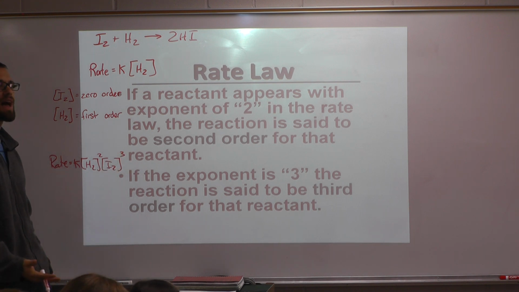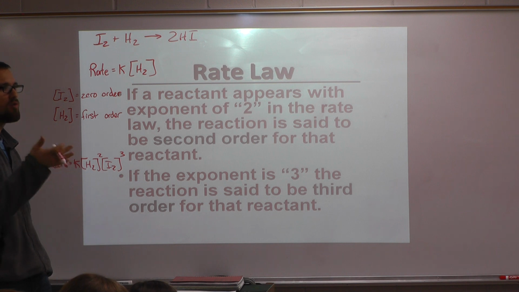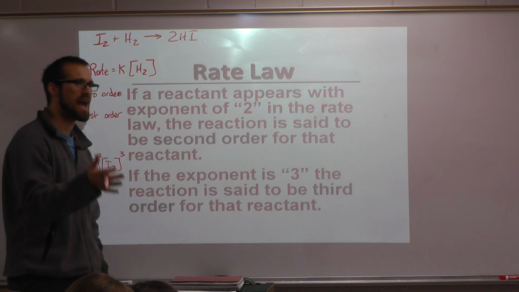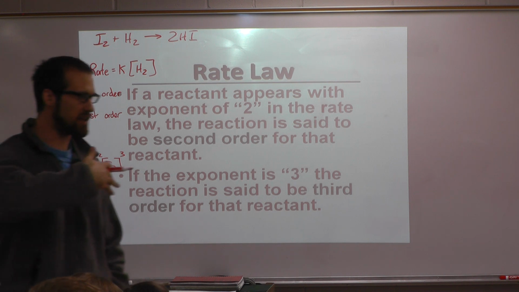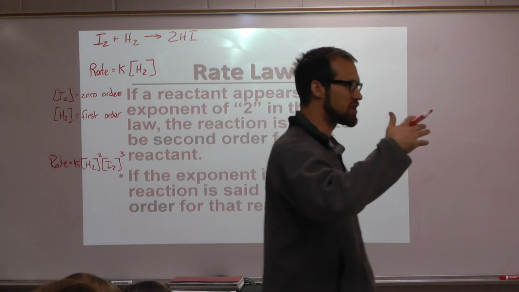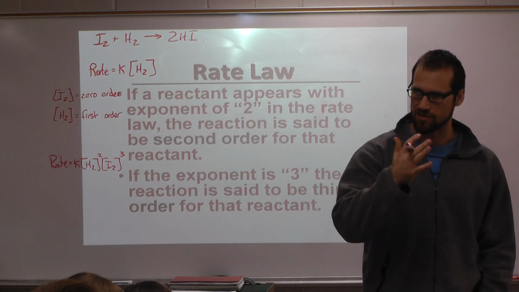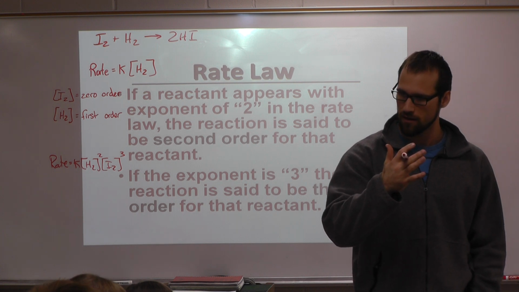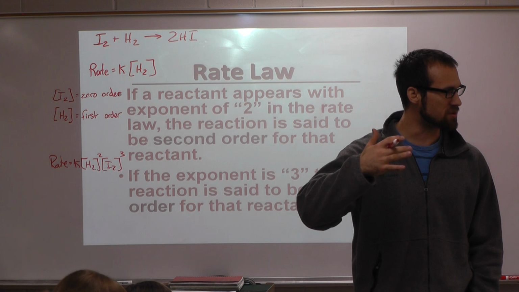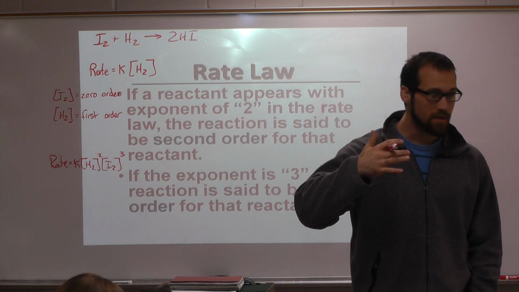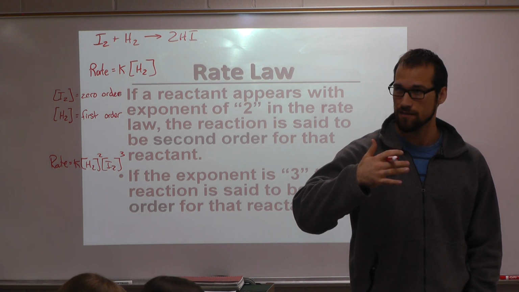You're probably wondering, what does that mean? Well, it's how much a particular reactant is going to affect the rate. Because didn't we say we could increase temperature, or change the concentration to affect the rate? And we said if we add to the concentration, it usually makes the rate what? Go faster, correct?